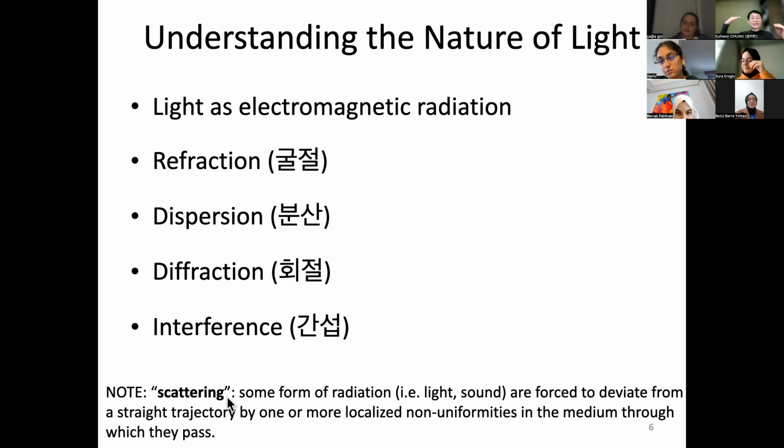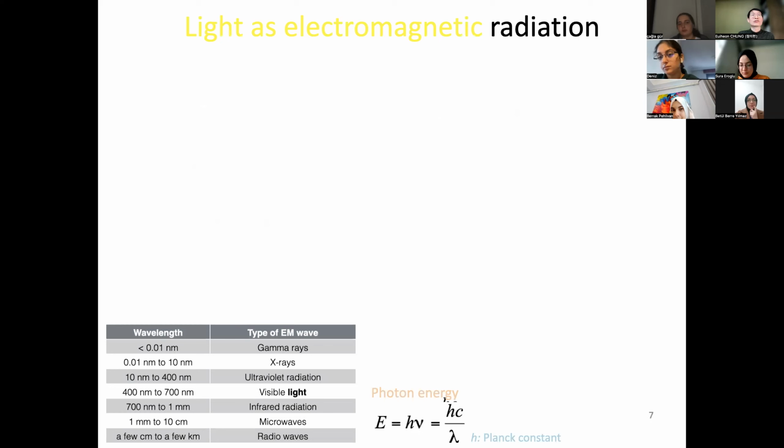Scattering is when this radiation, light or sound, interacts with particles or obstacles or changes in the media and changes direction from its original straight trajectory. It sounds a little weird, but in physics you may remember a particle hits and then changes angle, and that we call scattering. But I would emphasize all of these phenomena may belong to light scattering in a more general term.